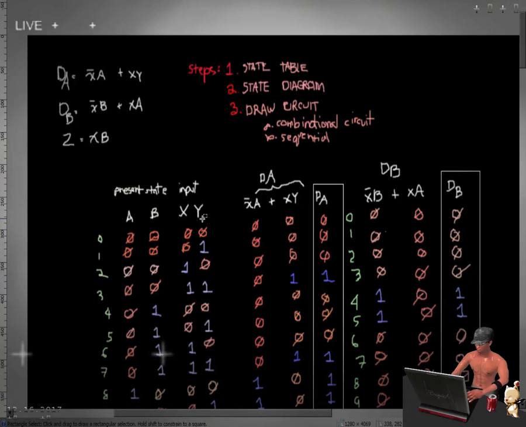So the output really matters too. Like if you have 0, 0, and XY is the input 0, 0, it comes back to itself.